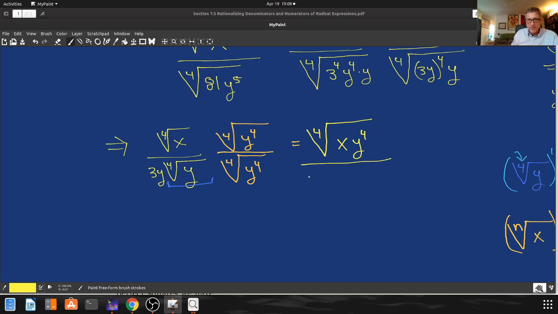Down here I have 3y, and the very process of what I'm doing gives me the fourth root of y times, should have done this y to the third, sorry. I'm just now realizing that. Should be y to the third. And that's what I have written there, but I did not transfer it over here.